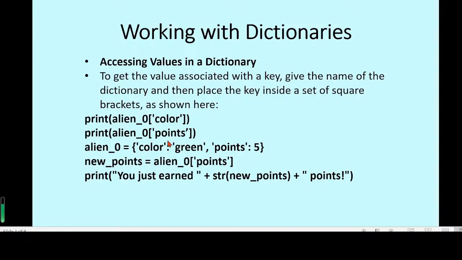And similarly, this will print out the value of points in this dictionary. So this dictionary has two key-value pairs, so we can get the points value of this dictionary and assign it to new points. Next, we can print out these new points with a message.